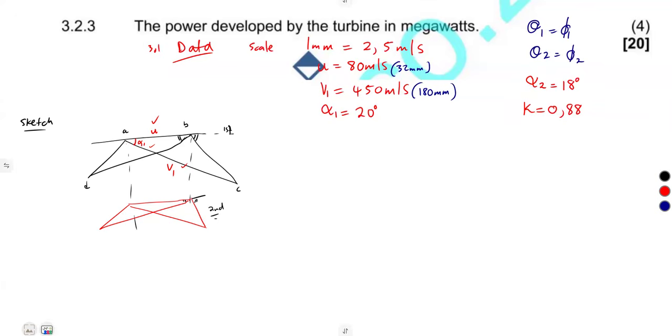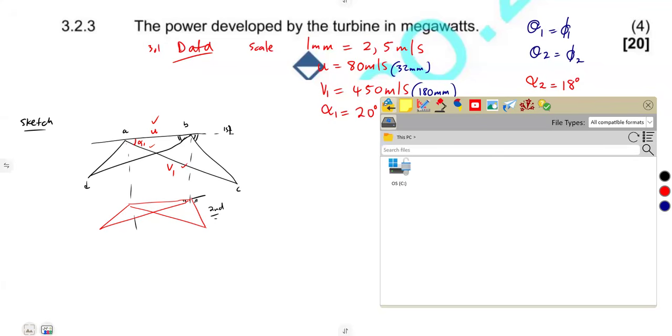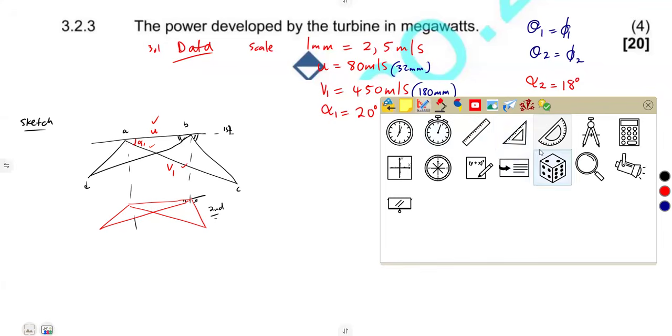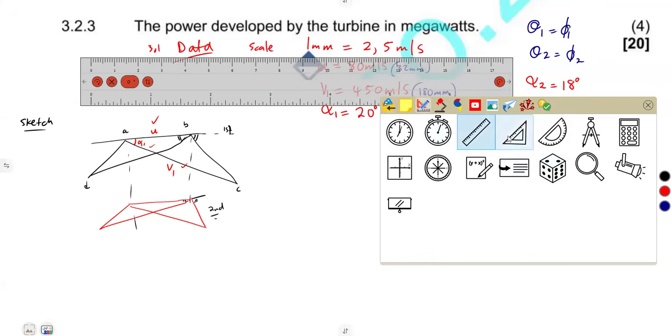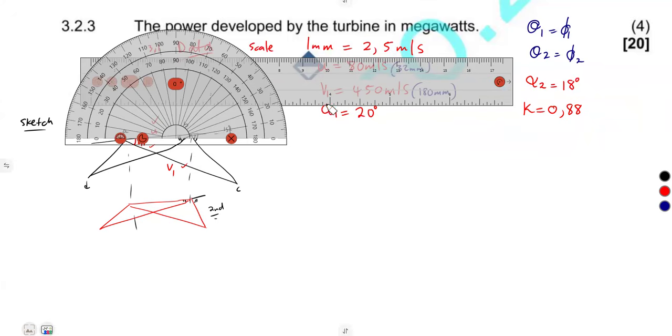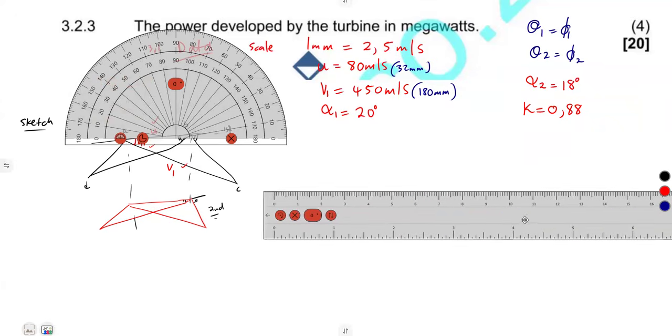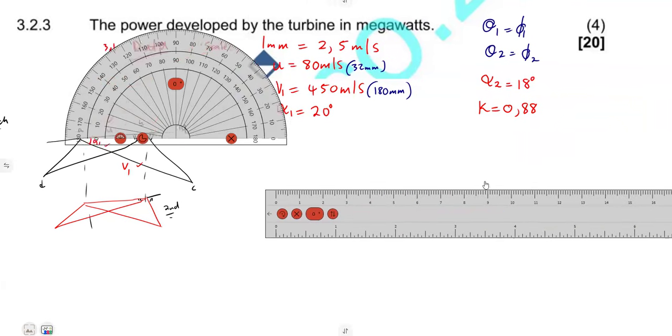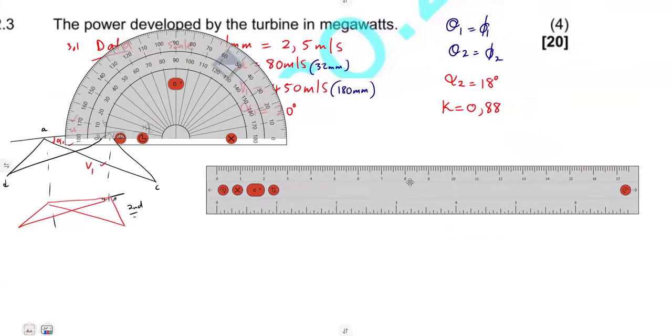So let's have our instruments for the constructions. All right, so here, what I'm gonna need is a ruler mostly. I need this and this. Okay. So from the first diagram, I'm working out from the first diagram.